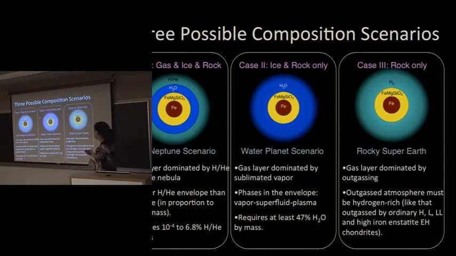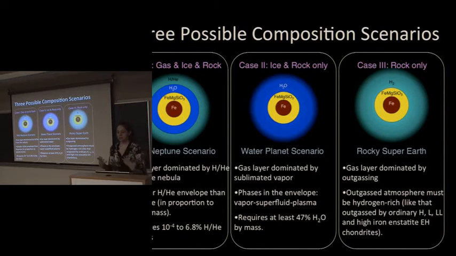In this scenario, more than 50% of the planet's mass would need to be in the water layer in order to account for the planet's low mean density. And then the third scenario is one that I mentioned before, an outgassed rocky super Earth. This is the one that requires the most fine-tuning, the most extreme scenario in order to get enough hydrogen to account for the planet radius.